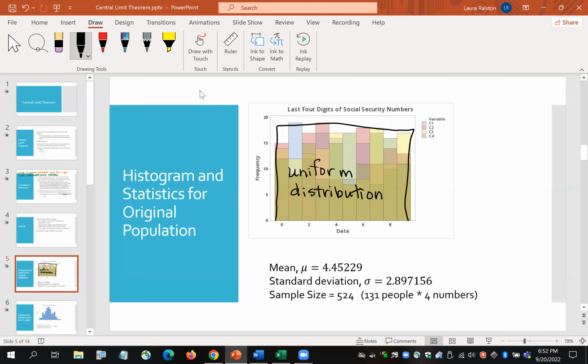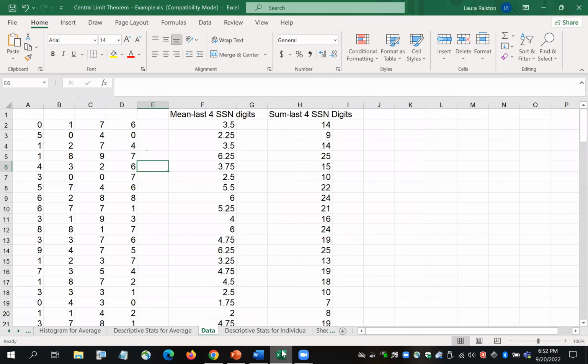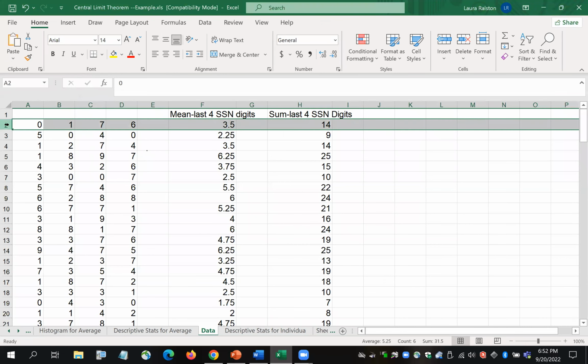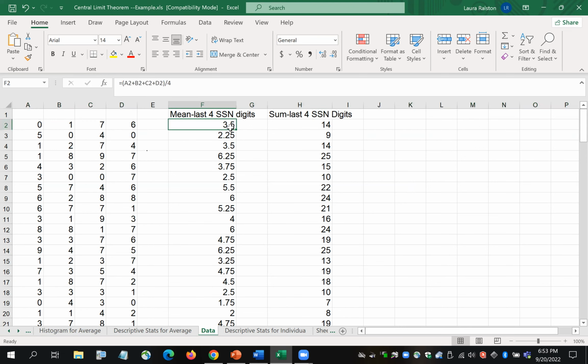I then took, using the central limit theorem for the mean, it says take the mean of these numbers. So to find the mean, I added the numbers up. 0 plus 1 is 1, plus 7 is 8, plus 6 is 14, and 14 divided by 4 is 3.5.